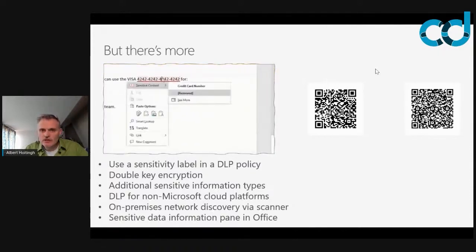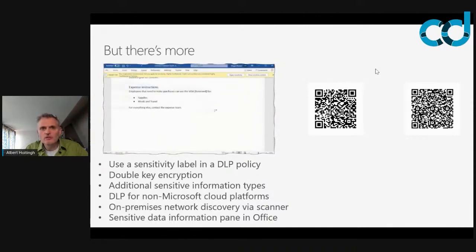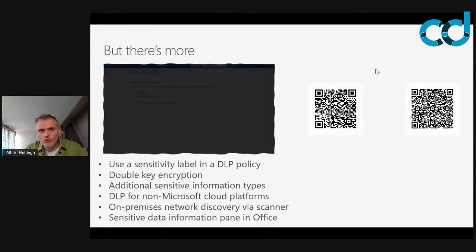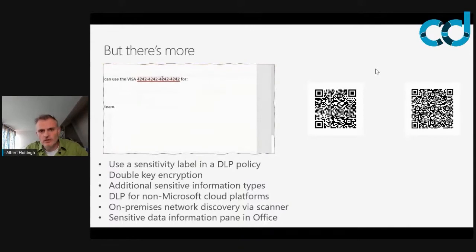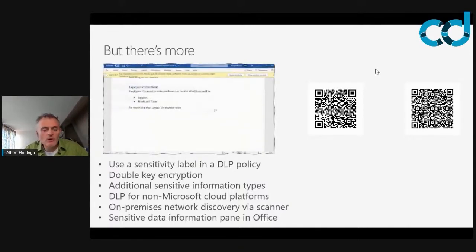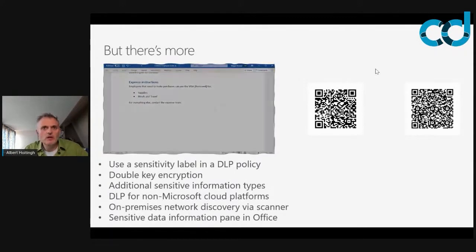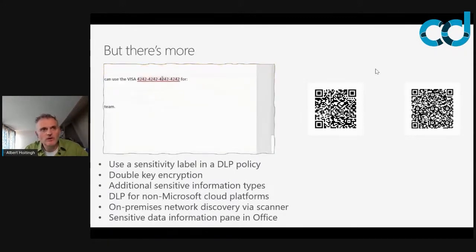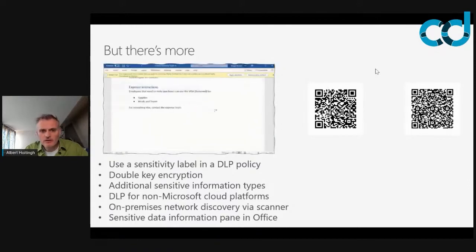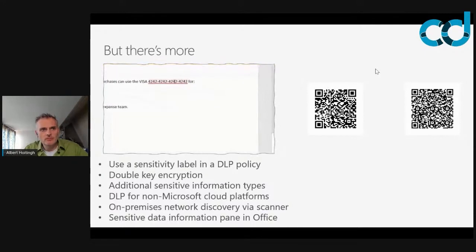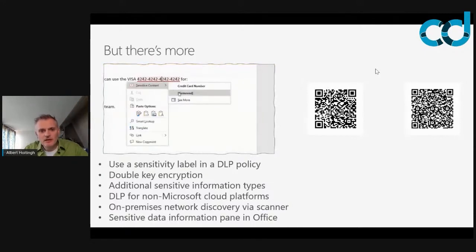The Azure Information Protection Scanner is going to be enhanced by being able to discover vulnerable network locations, for example, locations which are shared with anyone or are publicly accessible, and that information will become available as well in the dashboard I showed you. And what's being shown right now in a little animation is the sensitive information pane.